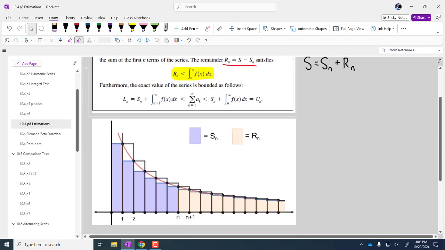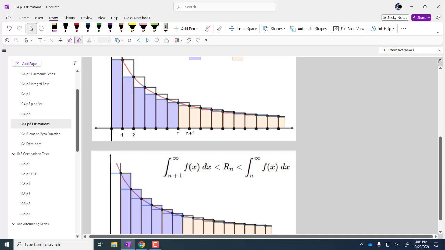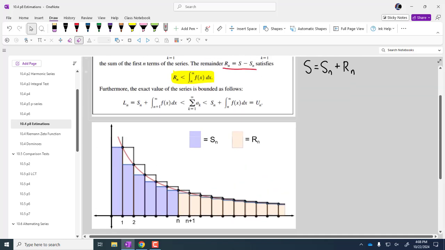So if this is bigger than the remainder, this is an overestimate for the series. And the n plus 1 to infinity is less than the remainder. So if we take S sub n and add the thing that's a little bit smaller than the remainder, we're going to get an underestimate for the series. That tells us that our series value is in between this upper estimate and this lower estimate.